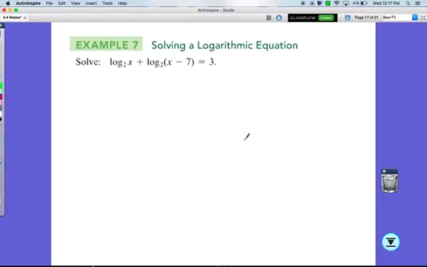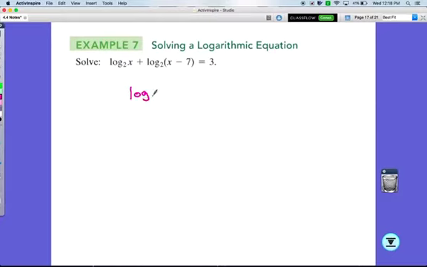All right. So example 7, we've got 2 logs, okay, and then a number. But we can use our properties to make this work. We want to get the logs together. Since it's a plus on the outside, this can become a multiplication on the inside.